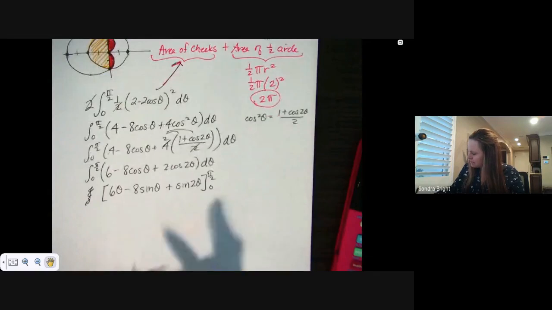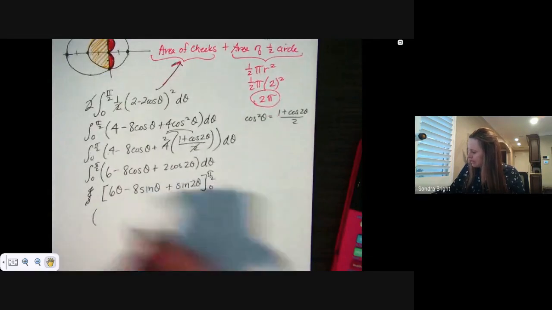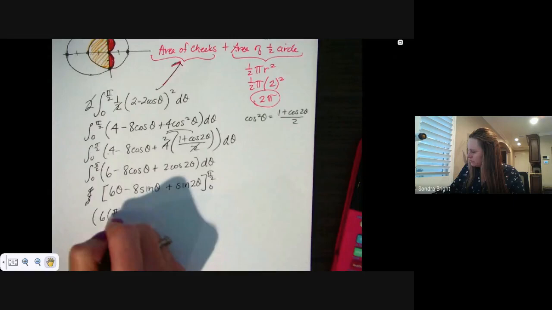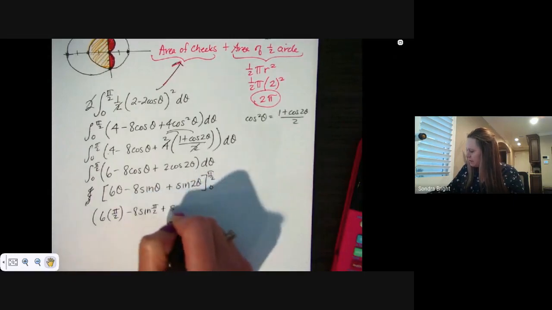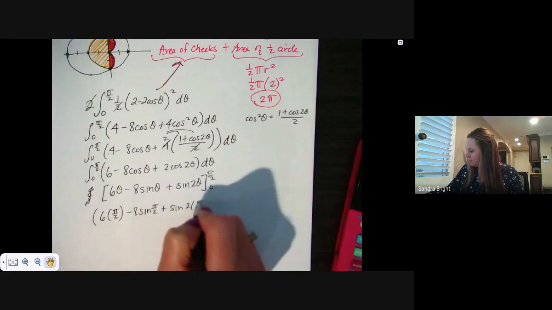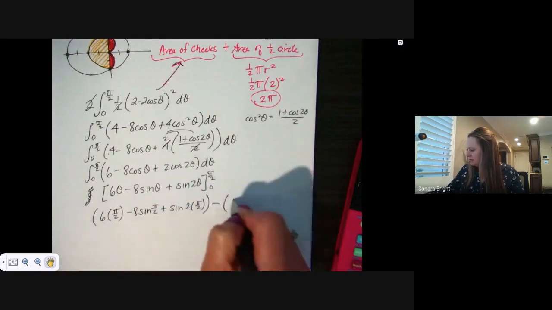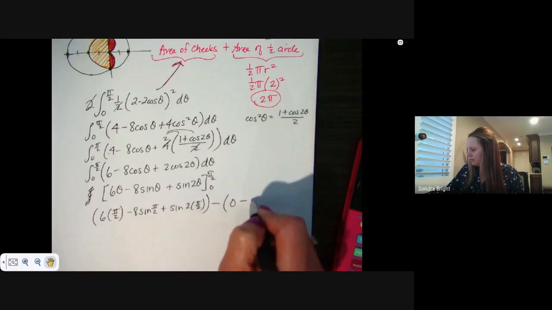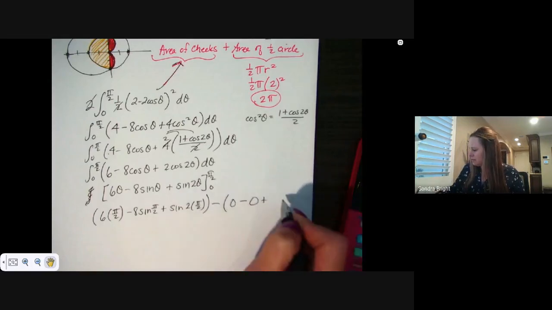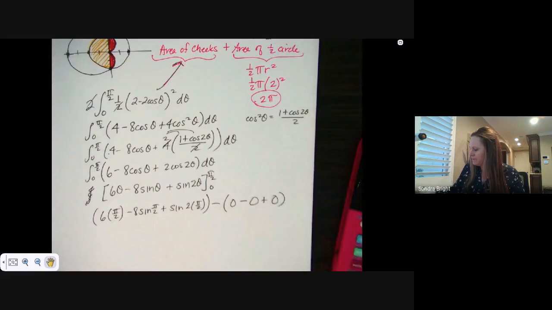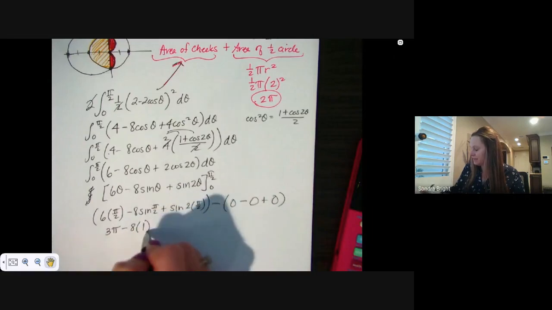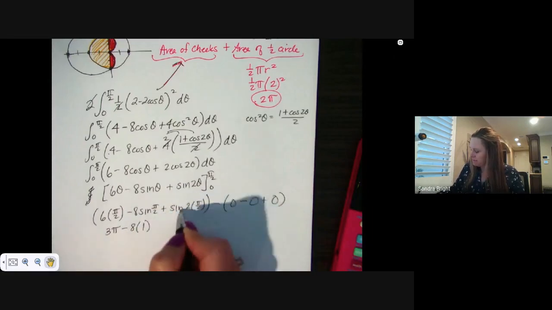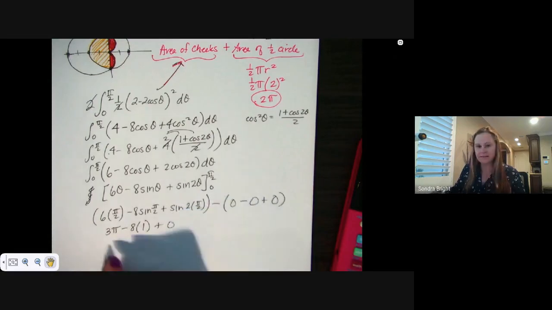First is 6 times pi over 2 minus 8 times sine of pi over 2 plus sine of 2 times pi over 2, minus 0 minus 8 times sine of 0 plus sine of 0. Those all zero out. This is 3 pi minus 8 times 1, and sine of pi is 0. So this ends up being 3 pi minus 8.